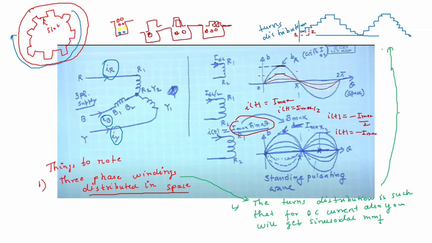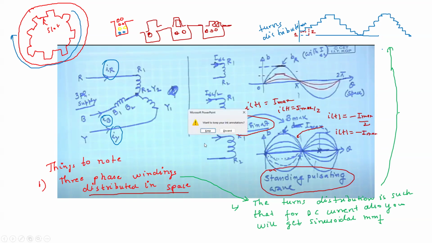Corresponding to this, we are getting these kinds of MMFs. You can see this happens automatically because you are giving a sinusoidal current, whose instantaneous value is continuously changing. So this Bmax waveform is sinusoidal, but it is changing its magnitude continuously. This is called a standing pulsating wave.